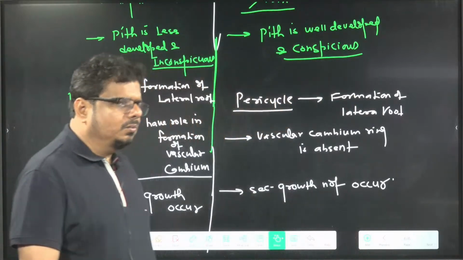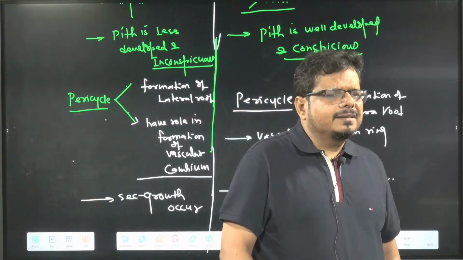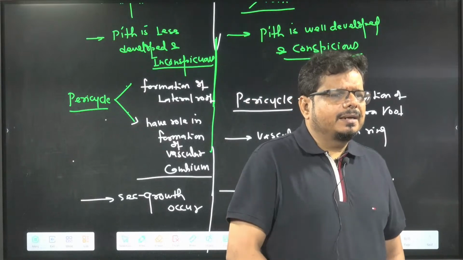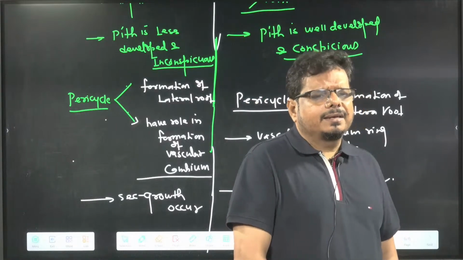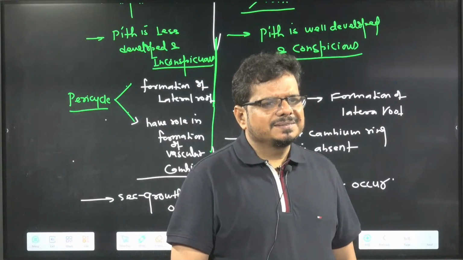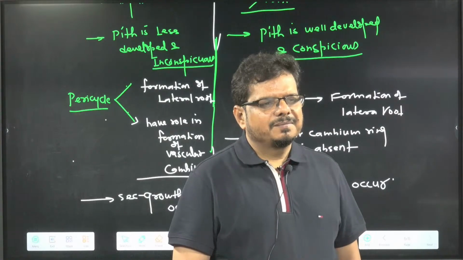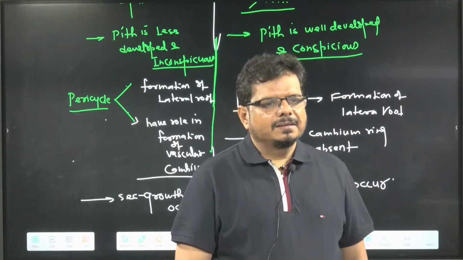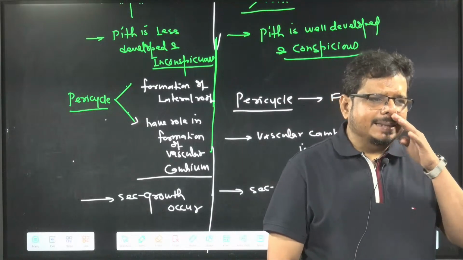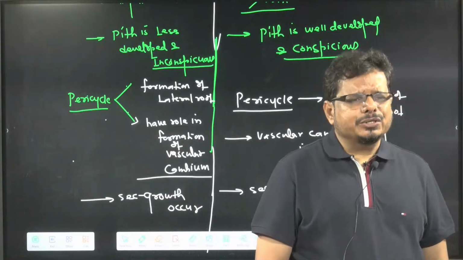Dicot and monocot root. I am asking a question, answer it, pin the answer. Vascular bundle is diarch to tetrarch in? Pin the answer. Dicot root, well done. Pith is inconspicuous in?